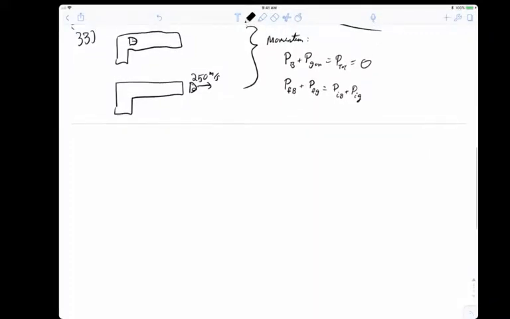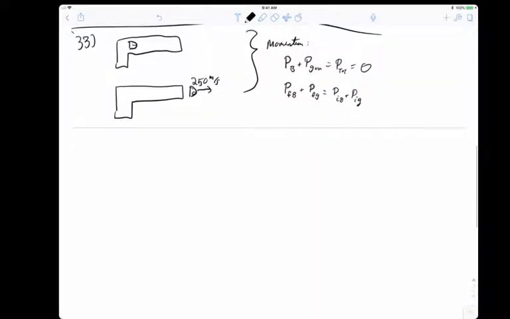We're asking about acceleration, so I'm going to rearrange this expression in terms of finals and initials. P final bullet minus P initial bullet is equal to P final gun minus P initial gun. Wait, no, signs are wrong. So this is delta P bullet is equal to minus delta P gun, which makes sense. That's conservation of momentum. If the bullet's momentum increases, the gun's momentum decreases. That's what this says.